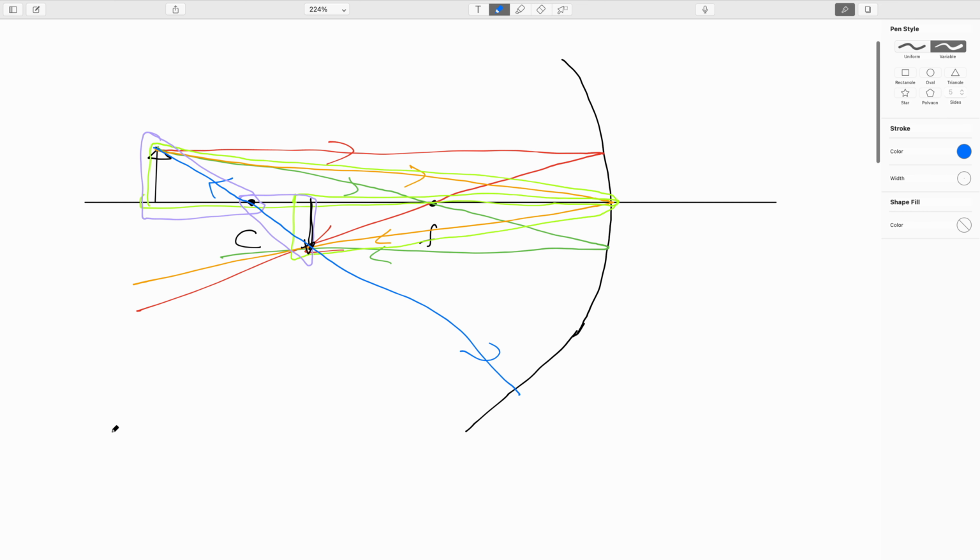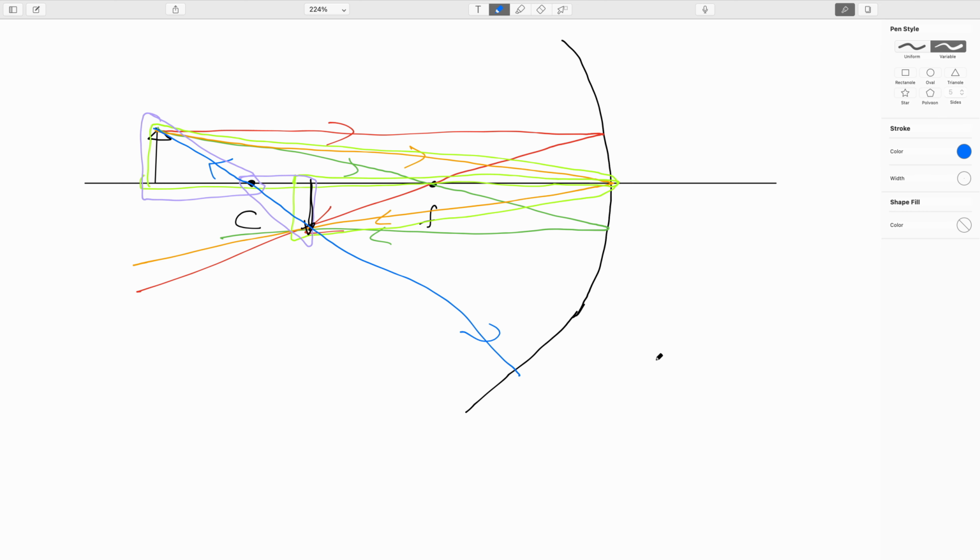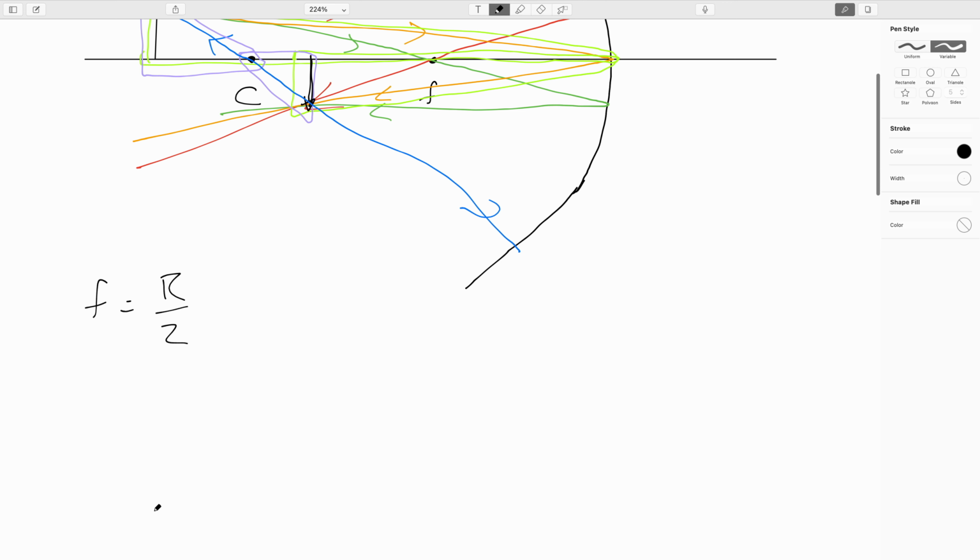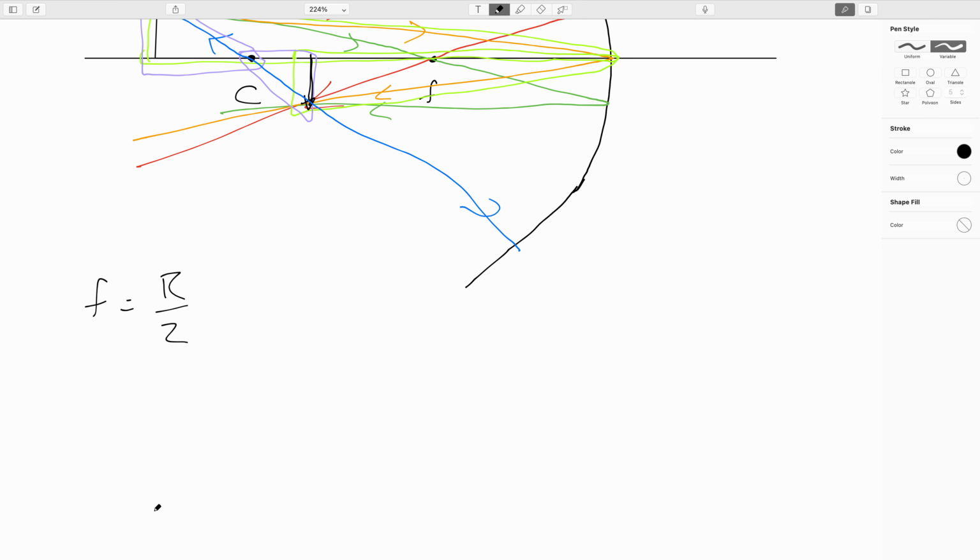If you set up a bunch of proportionalities from these triangles, you will obtain three results. The first result is that the focal length is equal to 1/2 the radius. You will also obtain that the lateral magnification, and I'll explain the minus sign in a second, is minus the image distance over the object distance.